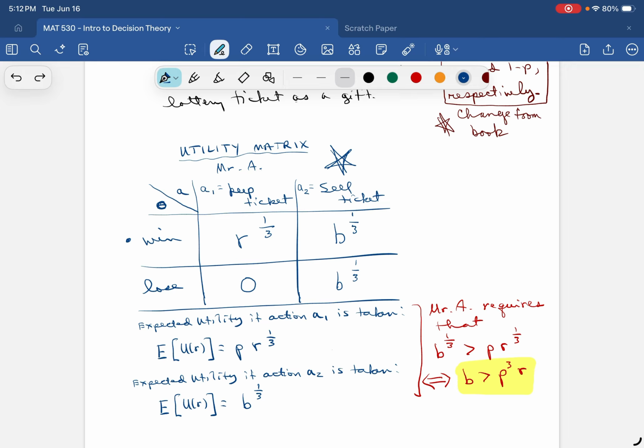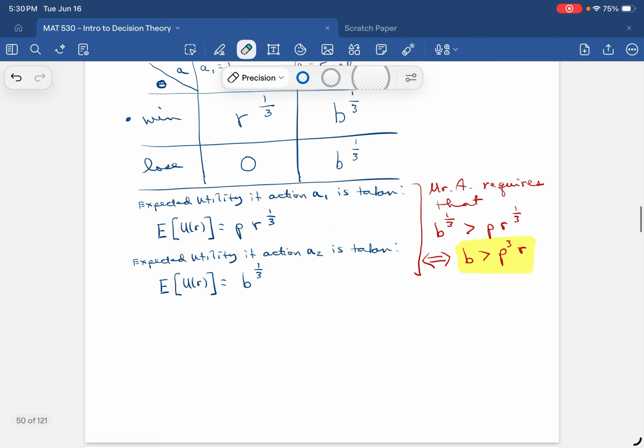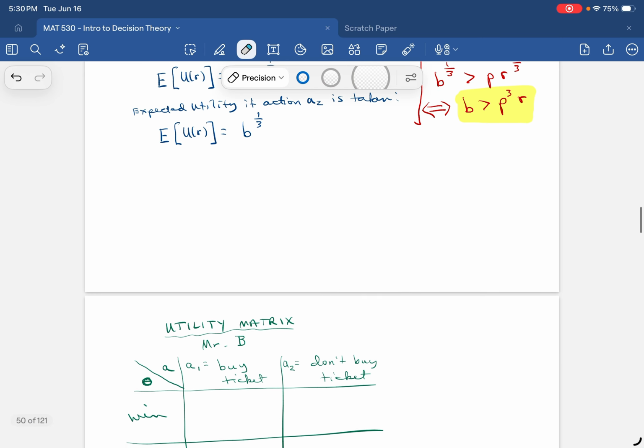So Mr. A requires that B to the 1/3 be bigger than P times R to the 1/3, which gives us our first condition on little b. The sales price would have to be bigger than P to the 3rd times R. So again, that gives us the condition for the sale to be advantageous to Mr. A. Now let's look at this from Mr. B's perspective.